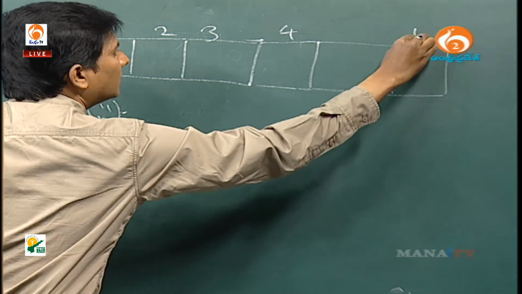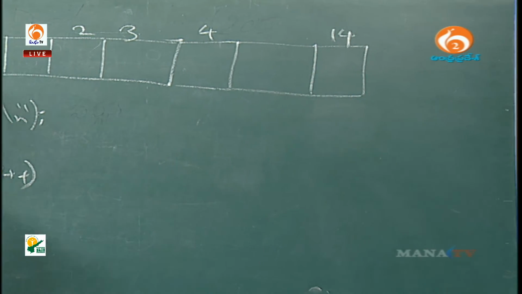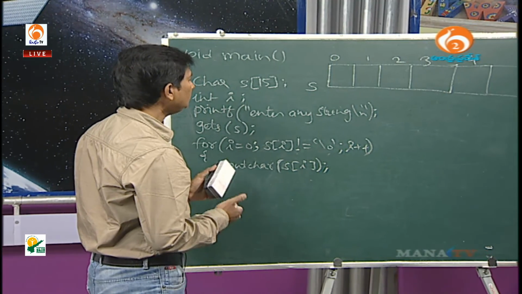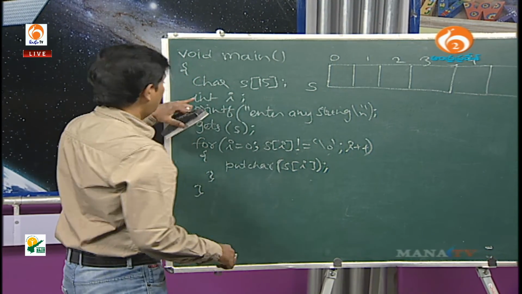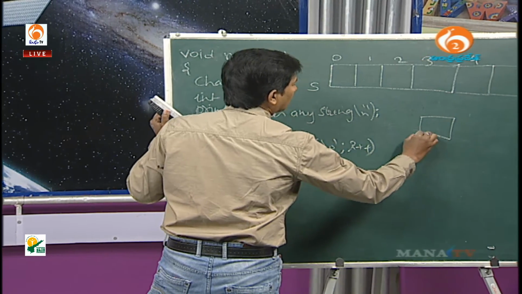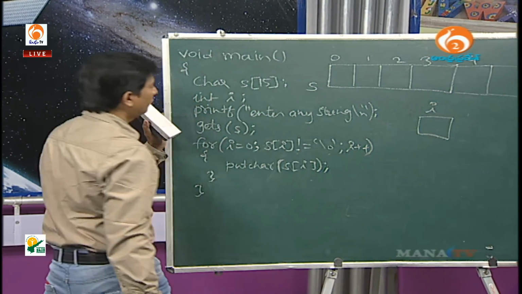At last the index is 14. This array name is s. Int i, one variable i is created with a garbage value.